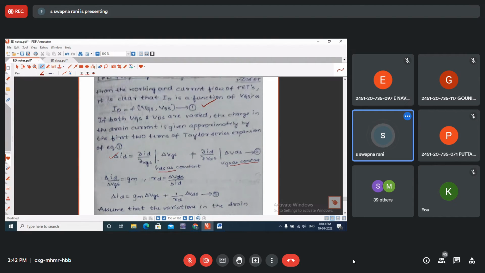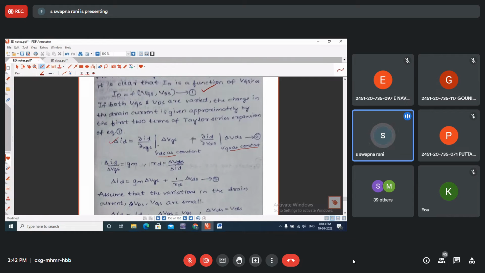So the Taylor series expansion is limited to first two terms.